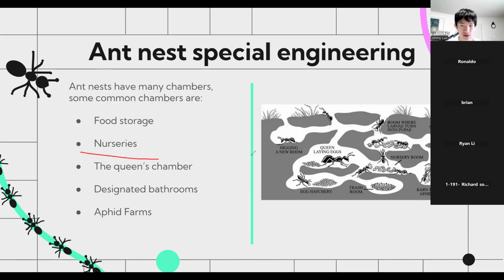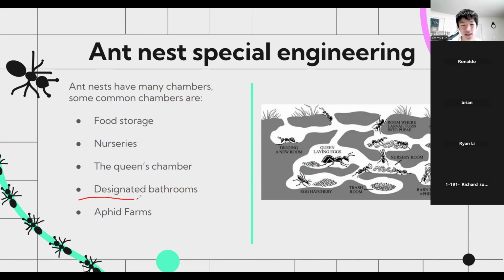Nurseries are where ants care for their babies, like pupa and larva. We also have the queen's chamber, which is right here, and this is where the queen lays her eggs. This is the most important part of the ant nest, and usually the queen's chamber is all the way at the bottom to protect her.